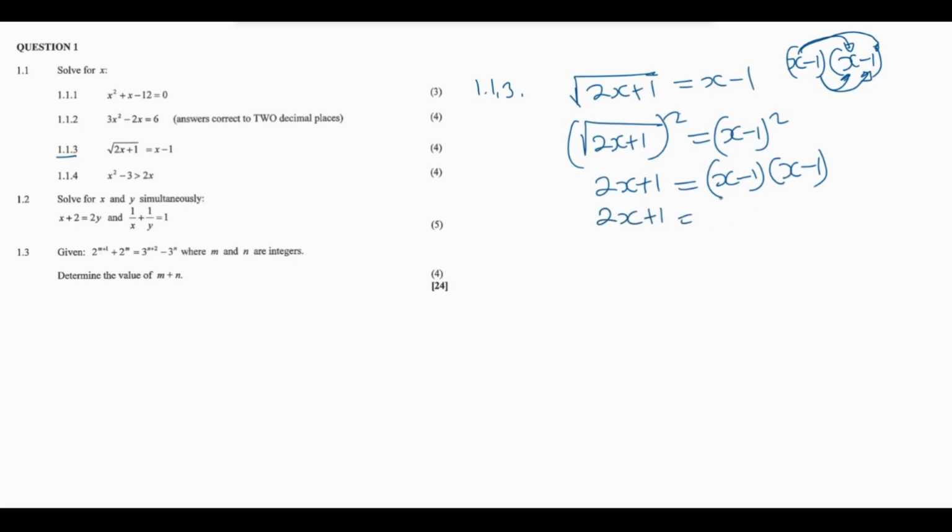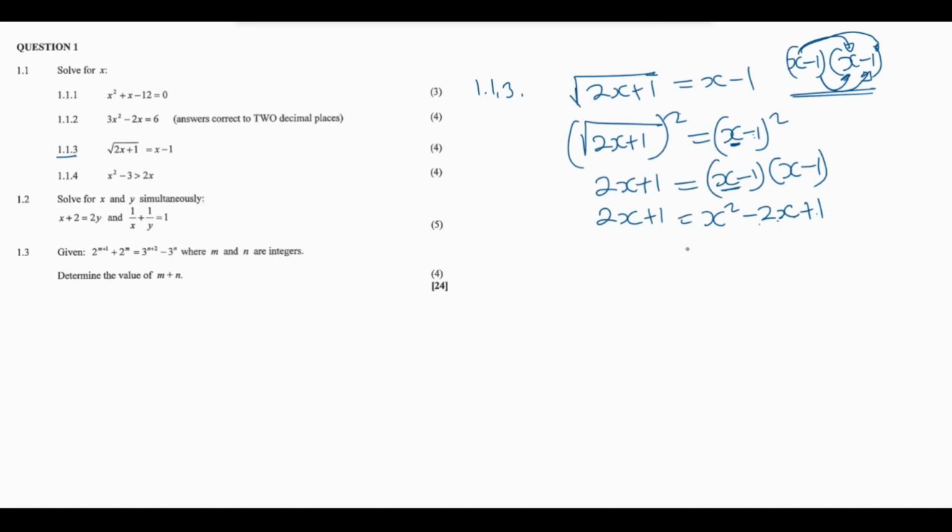You just square the x, you get x squared. And then you say 2 times x times negative 1, you get negative 2x. And then you square the negative 1, you get positive 1. So even if you use the FOIL method here, at the end you will get x squared minus 2x plus 1. So you choose the method that you prefer here.